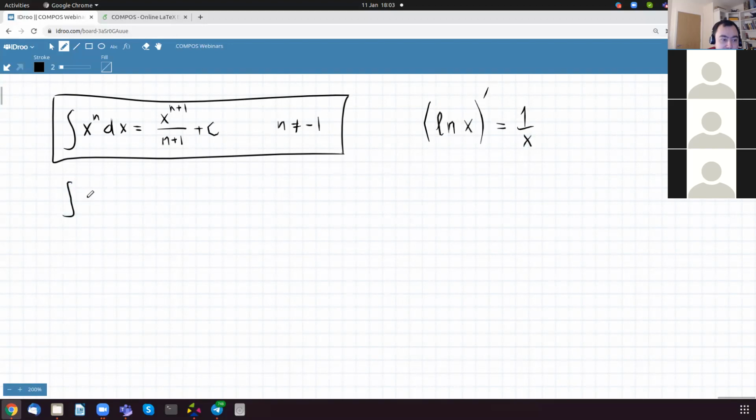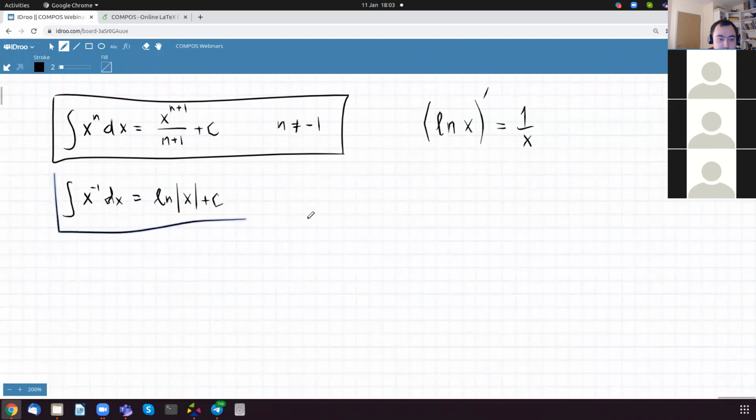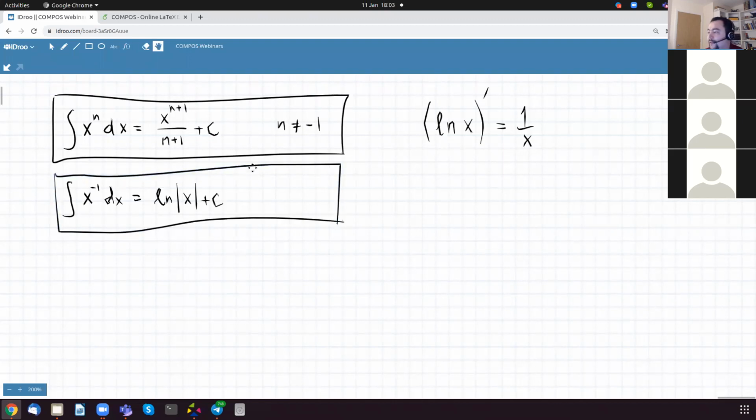So the integral of x to the power -1 dx is a special case, and it's equal to the logarithm of modulus x plus c. Okay, so that's about it.